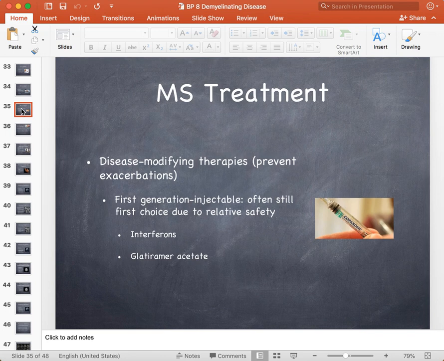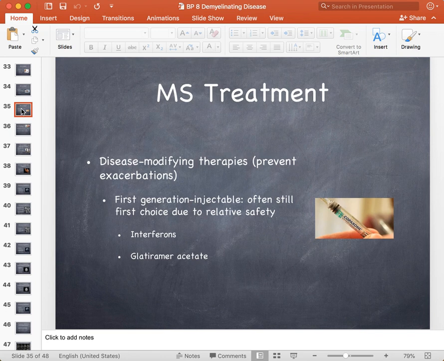You will never see a question on the USMLE of what is the best initial treatment for MS, because there's no consensus on that whatsoever. The very broad overview is that we have medicines like these first-generation drugs that are very safe but not as potent as some of the newer therapies.